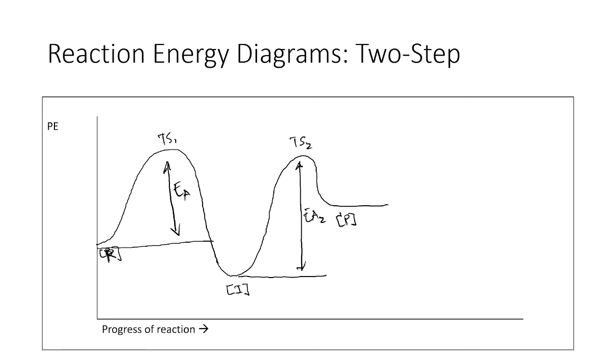Another concept that you might need to understand here is what we call the rate determining step. By rate determining step, it is simply understanding or identifying which of the transition states has higher potential energy requirement or higher energy activation. So, let me just rewrite that.